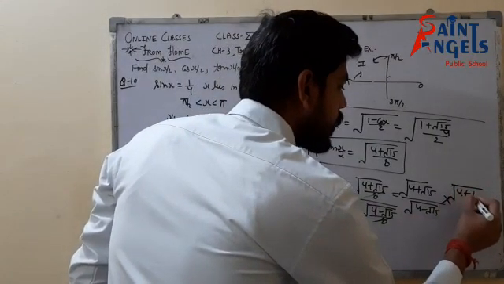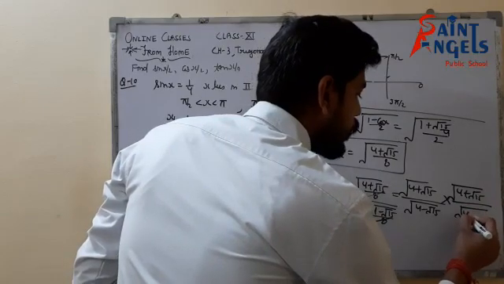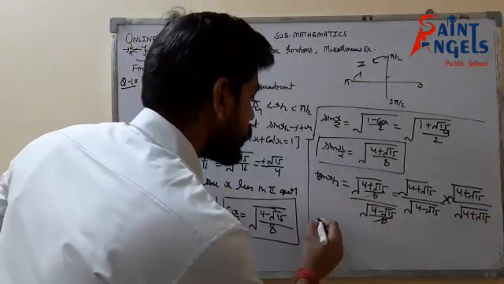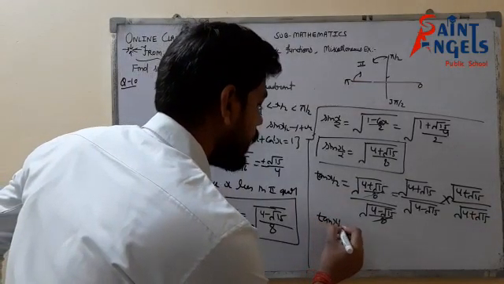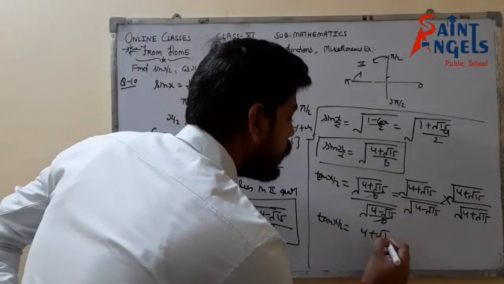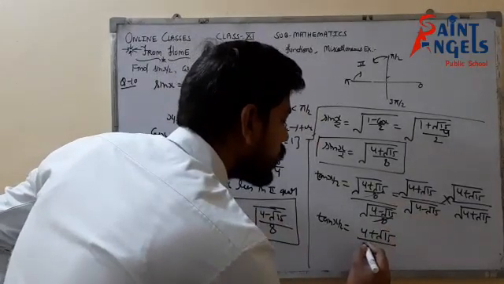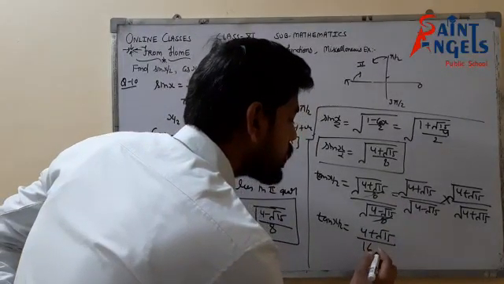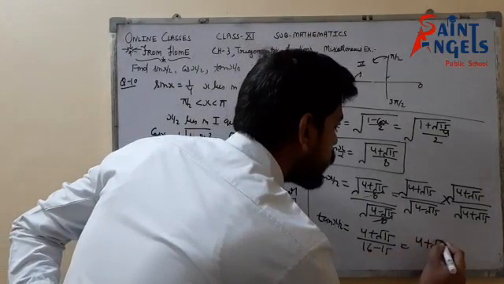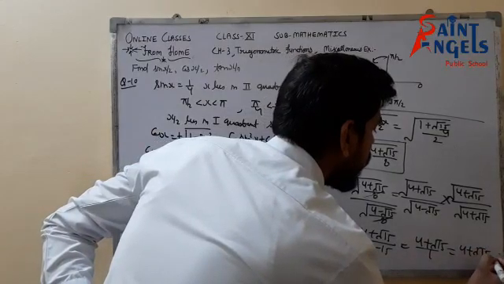So that would be 4 plus under root 15 and 4 plus under root 15 in numerator and denominator. So tan x by 2 equals 4 plus under root 15 upon 16 minus 15, that is 4 plus under root 15 upon 1, or 4 plus under root 15 as my answer.